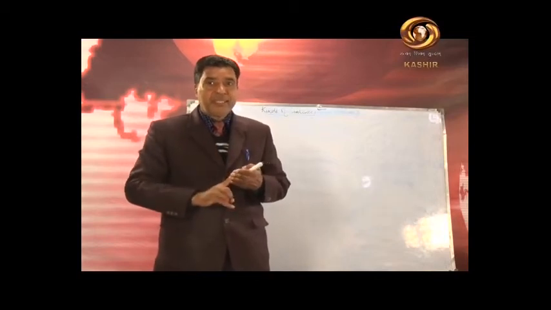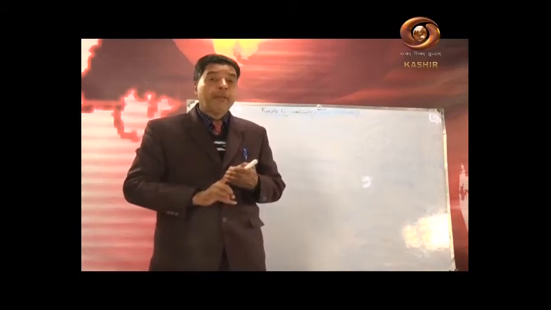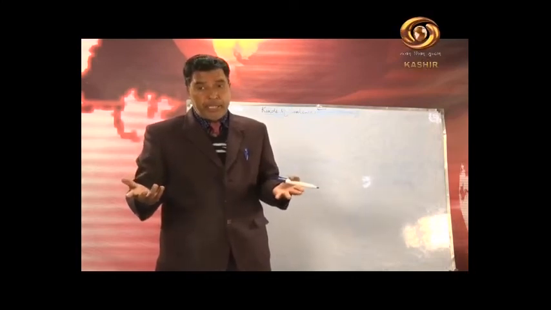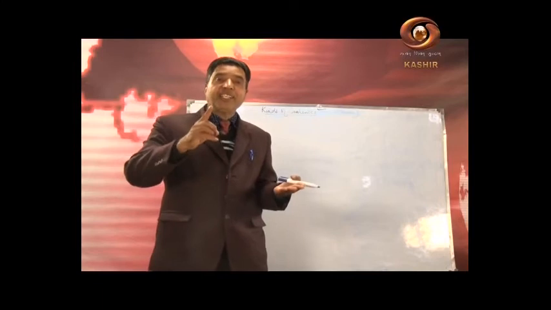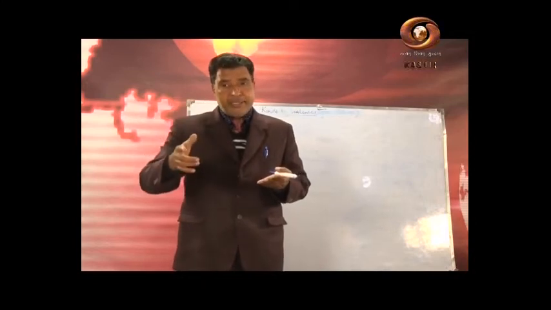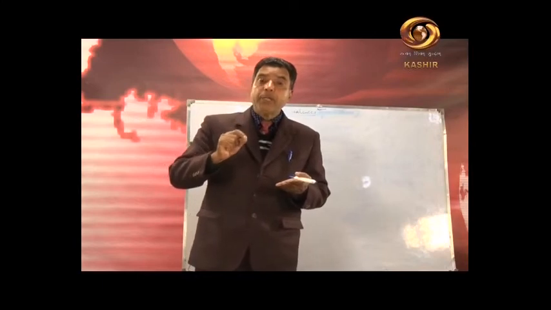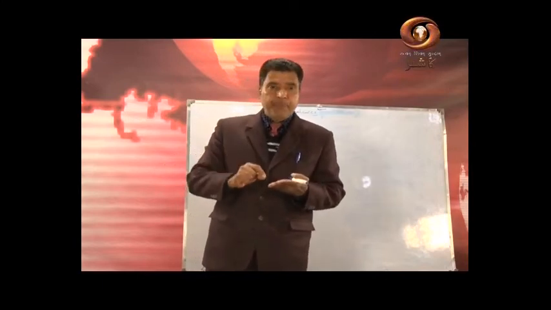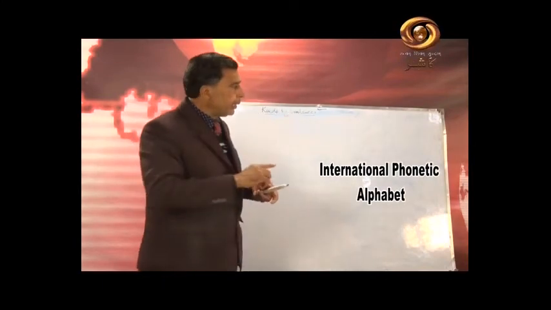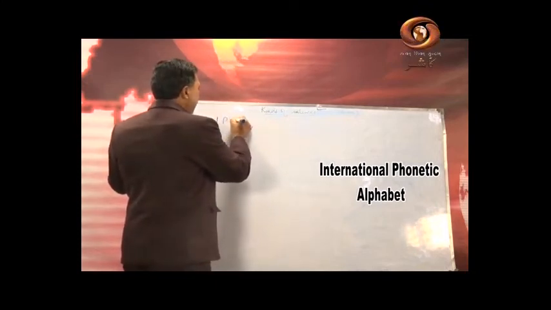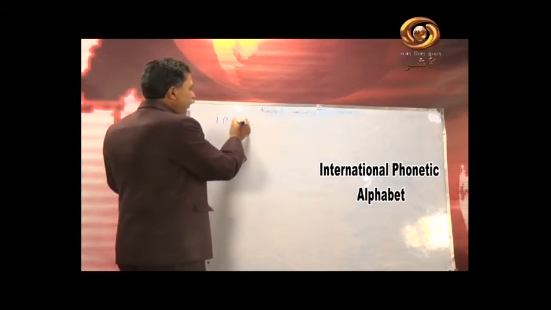Now, can you say how many alphabets there are in English? Mostly people say that there is only one alphabet, A to Z. No, there are two alphabets. How? A to Z, these are letters, 26 letters, one alphabet, and there is one more, that is IPA, International Phonetic Alphabet.